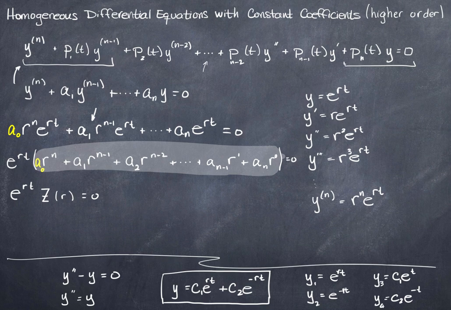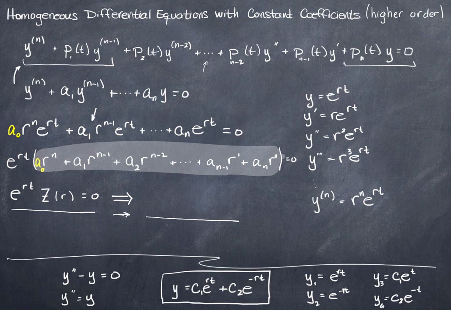So now it's a lot easier to see that by the zero product property, that double arrow means implies, this statement implies that this statement must also be true.